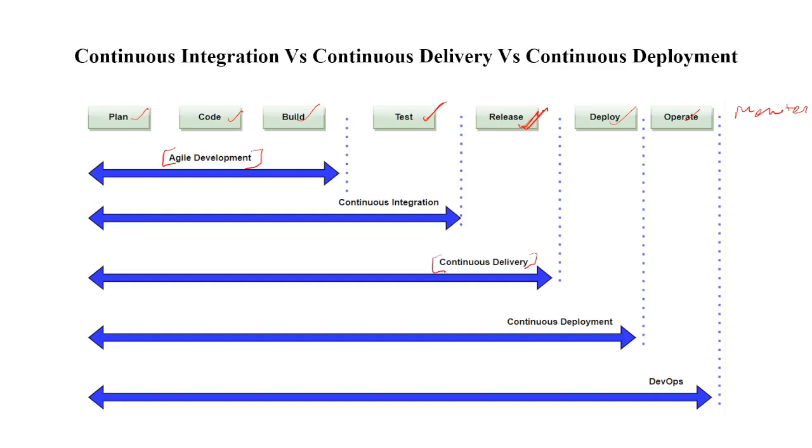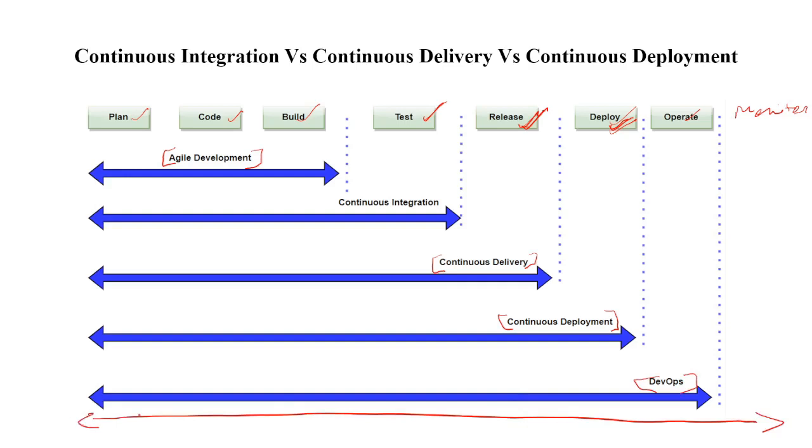And if it is also deployed in our final environment, that is usually the production environment, we call it continuous deployment. Then if we manage and monitor it, the whole life cycle is known as DevOps, including monitor.